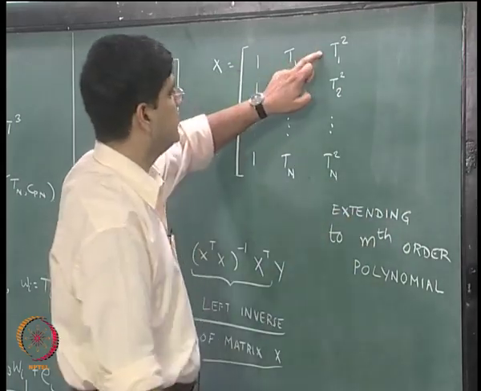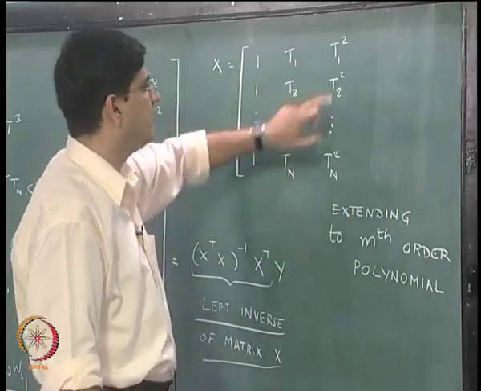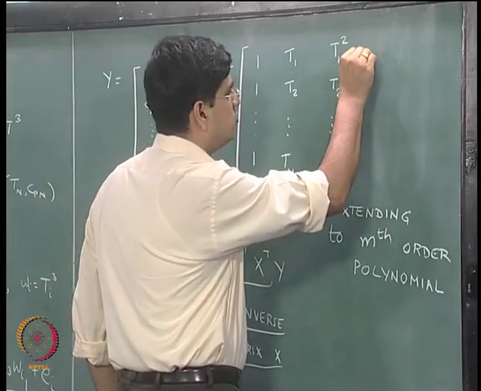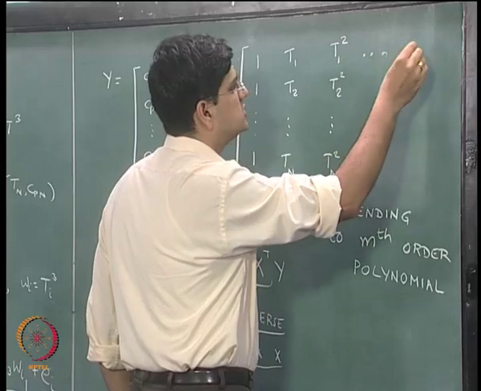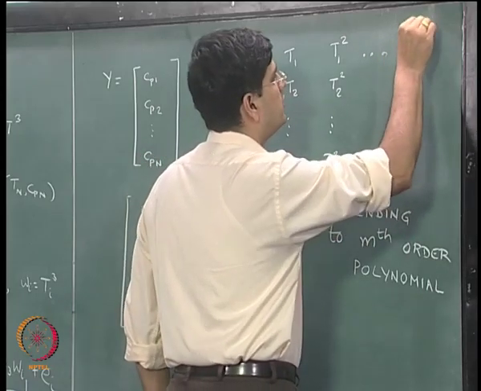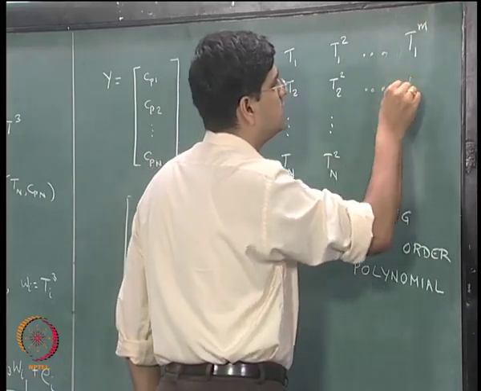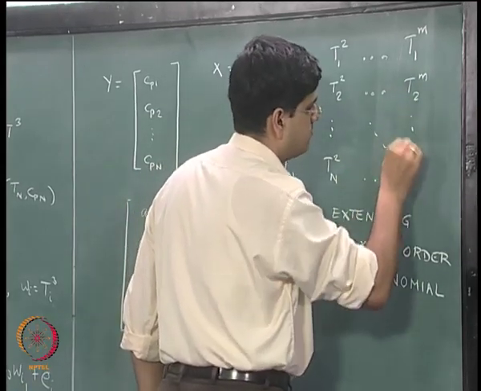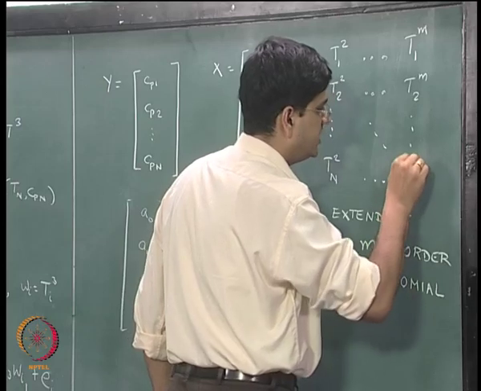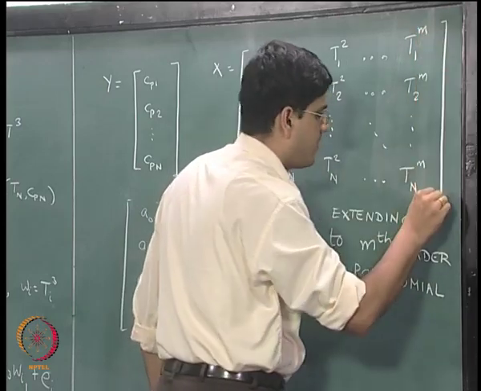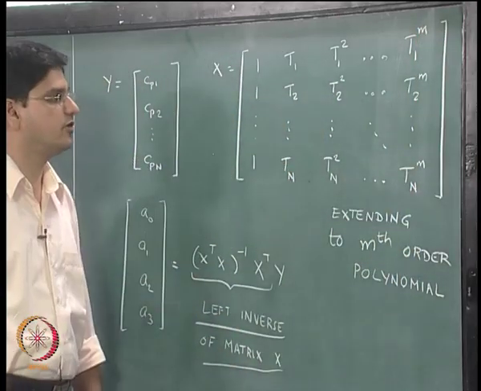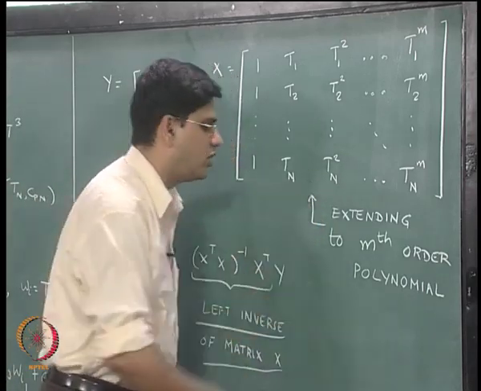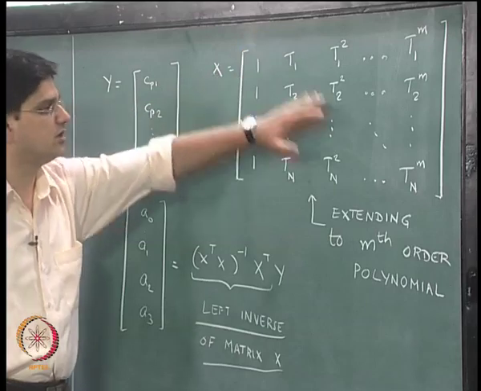We will have t1 squared, t2 squared up to tn squared, t1 cubed, t2 cubed up to tn cubed, and so on up to t1 to the power m, t2 to the power m, and so on up to tn to the power m. And this is what we will get if we have to extend it to a general mth order polynomial in temperature.